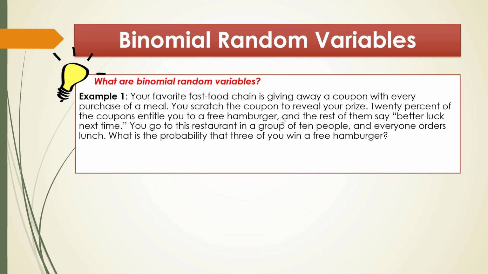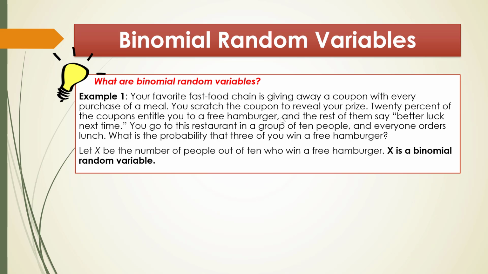And there are 10 people entering the restaurant, so we can treat 10 people as 10 trials. And the 20% chance of winning a free hamburger for each of the 10 people is the probability of success. So here, if we say X is the number of people out of 10 who win a free hamburger, then in this lesson, X is called a binomial random variable.